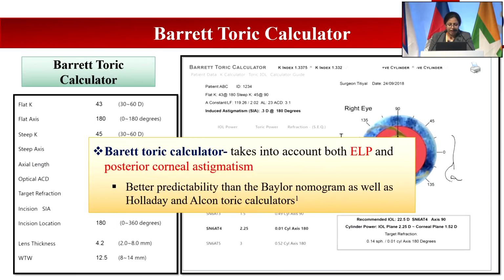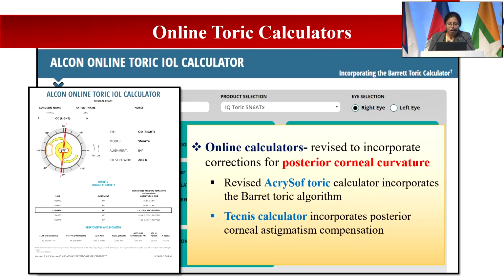Barrett toric calculator takes into account both the effective lens position and posterior corneal astigmatism and is said to have better predictability than the Baylor nomogram as well as the Holladay and Alcon toric calculators. Online calculators have since quite some time now been revised to incorporate corrections for posterior corneal curvature. So there is no excuse as of now to just rely on the anterior corneal curvature measurements.